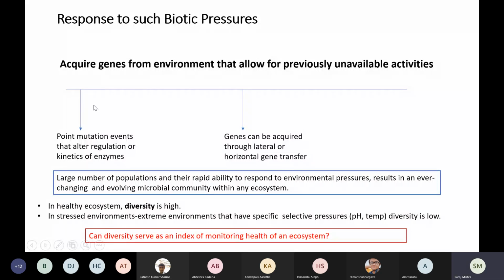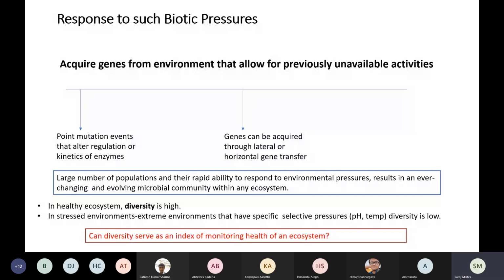That's what we mean when we say that in response to such biotic pressures, there is a competition. There are different kinds of microbes, and if the Pseudomonas doesn't know how to metabolize naphthol, it is going to be eradicated from that community. So how does it fight back?